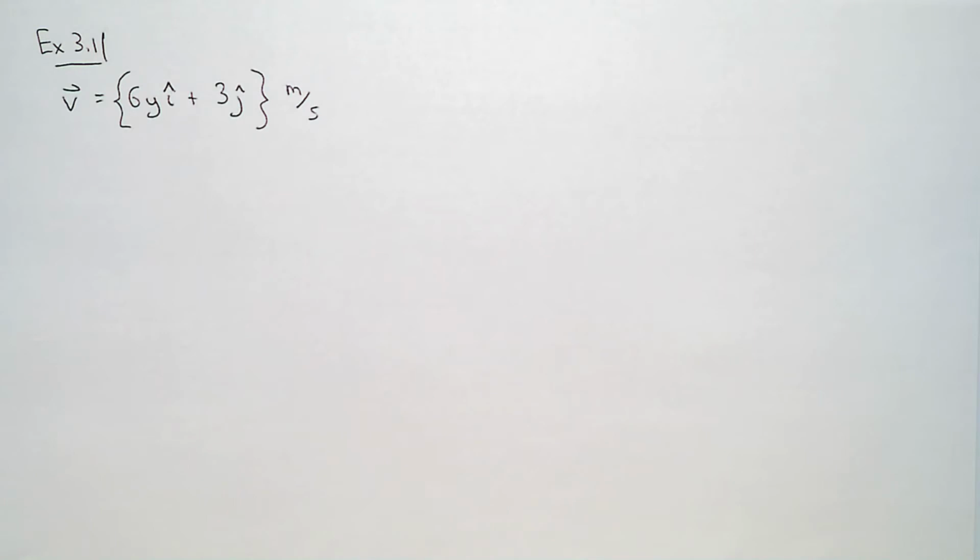Therefore, that 6y describes the motion of the flow in the x direction. What's the y component of the velocity? Just 3. Now, what does this mean? It means that at any point in this 2D space, my fluid will always have a y velocity of 3. However, depending on my y position, my x component will vary.